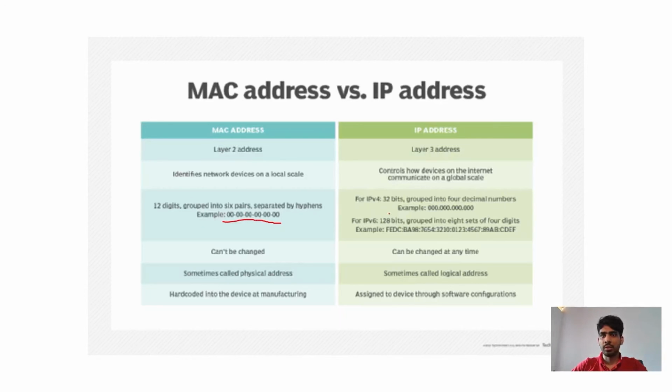When it comes to IP addresses, there are two types: IP version 4 and IP version 6. Most of the time in our local networks we use IP version 4, but in global networks like the internet we use both. If you Google "what is my IP", let me show.